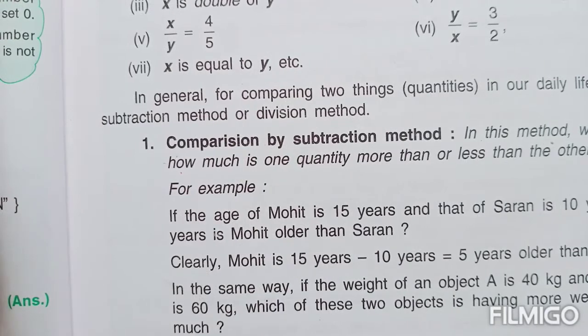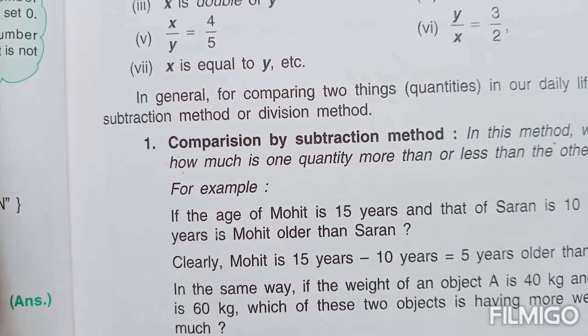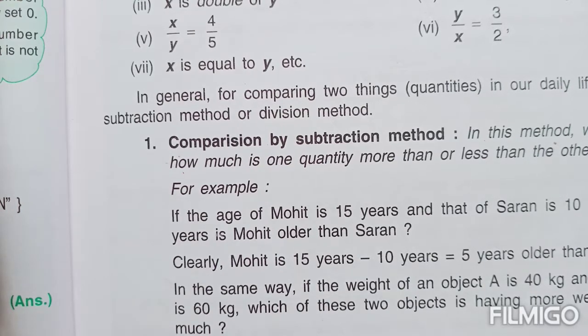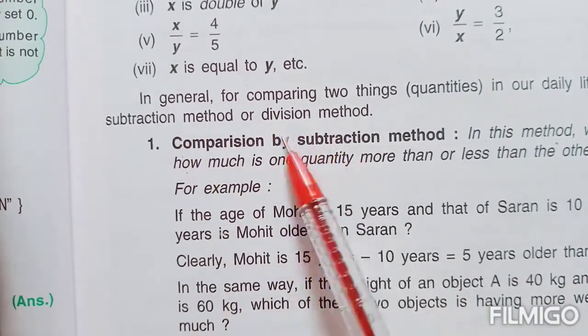So in our daily life, we compare things, numbers, etc. We will say x is greater than y, or x is equal to y, x is double of y, etc. Usually for comparing two numbers or two quantities, we use either the subtraction method or the division method.